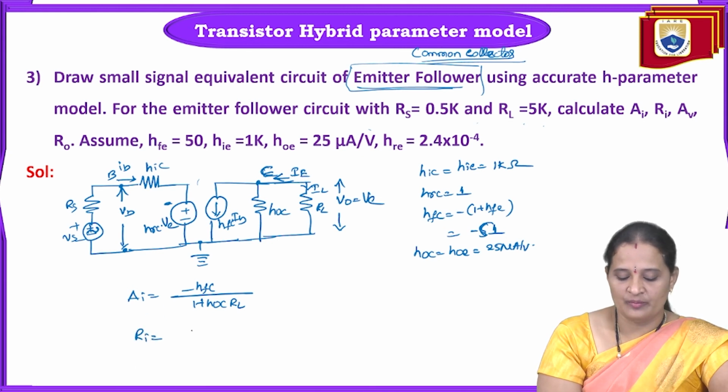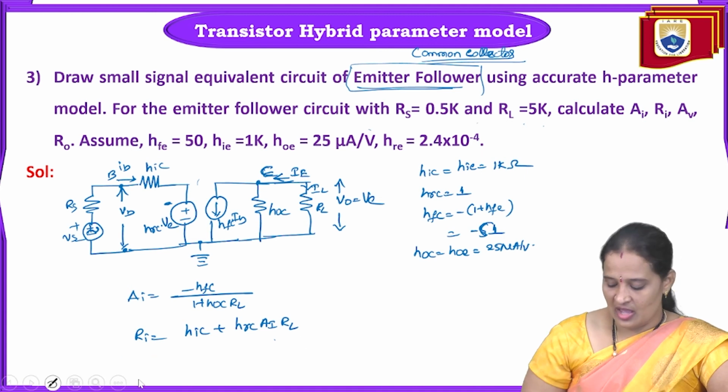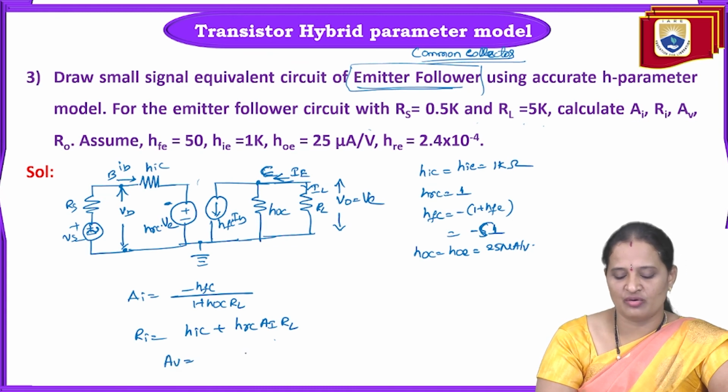RI is HIC plus HRC into AI into RL. Whatever value we get for RI, just substitute that, and the RL value, so that you can calculate RI. And similarly AV, you know the formula for AV.